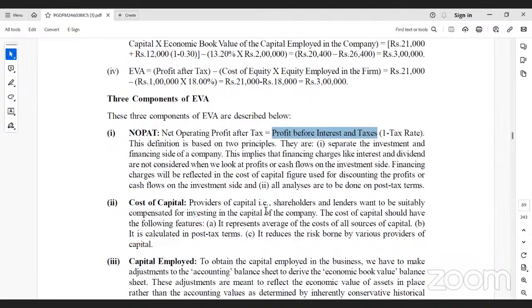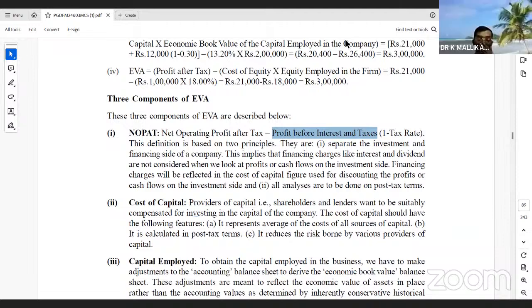The second one is cost of capital, which is also called the standard rate, target rate, cutoff rate, hurdle rate. So it's a benchmark, also called the capitalization rate.